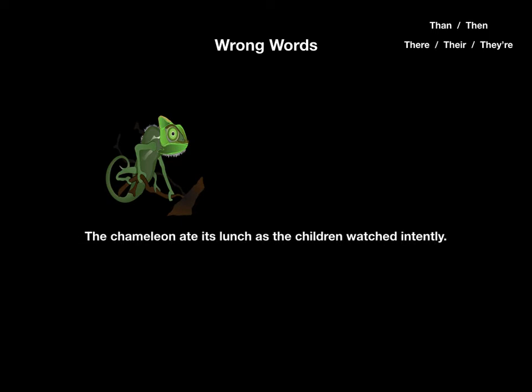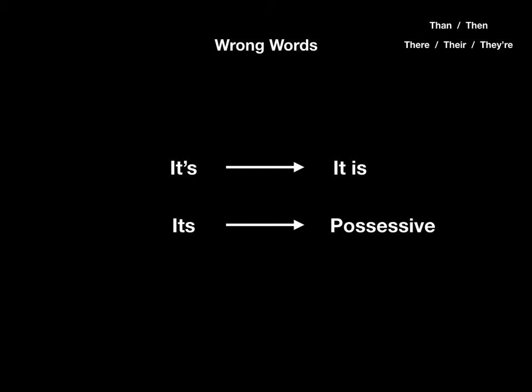When we are looking at its and it's, we must remember that the apostrophe s signifies it is, while the word without the apostrophe signifies possession.